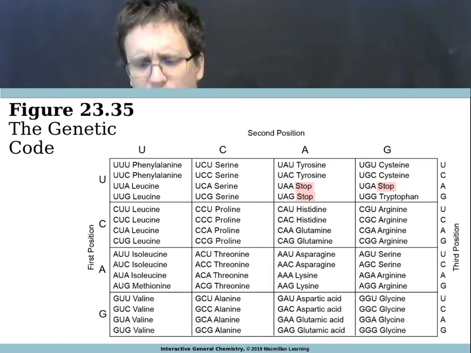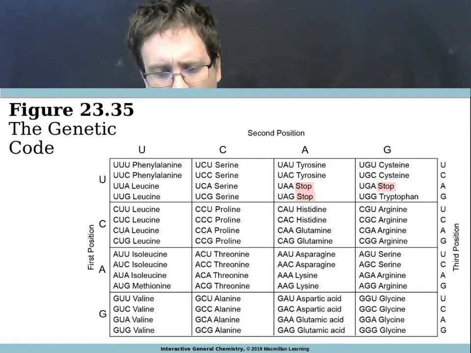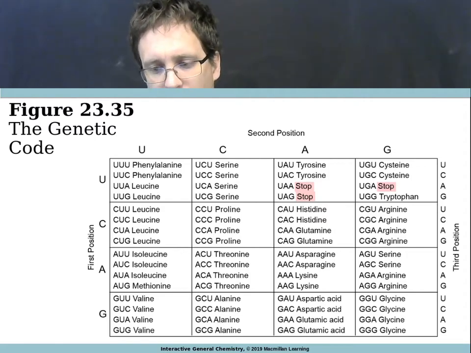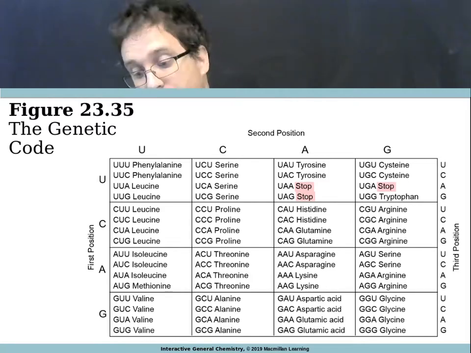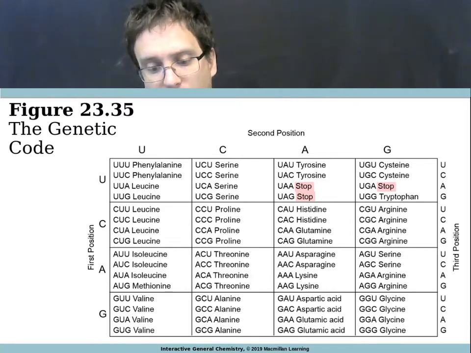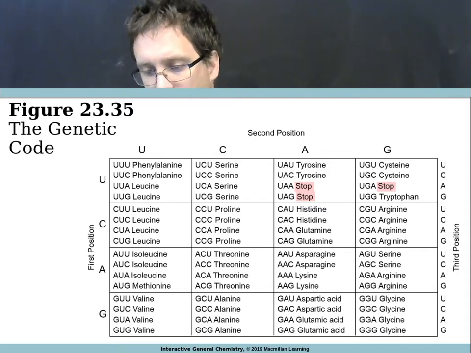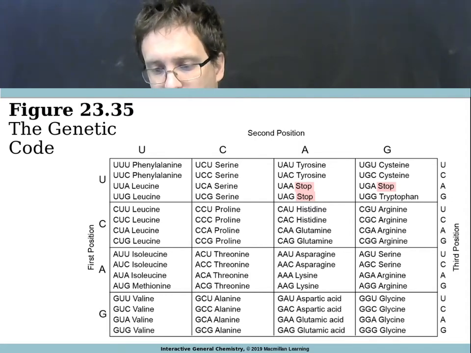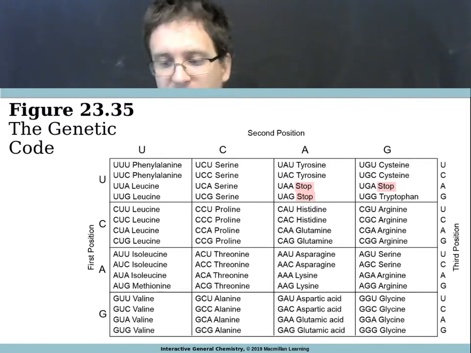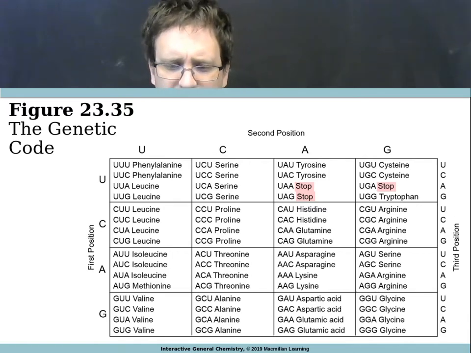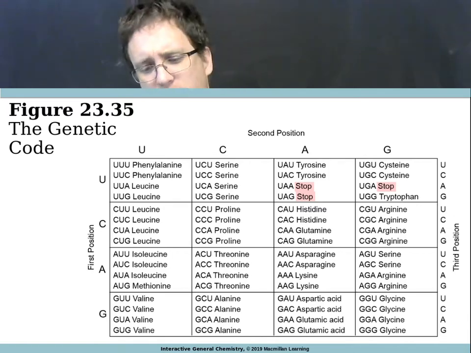I don't know why or how important these redundancies are, but you'll notice that there are many different ways to code for serine or for proline or for glycine. Some of them have different combinations that are not adjacent to each other. So serine is in that first row, second column.